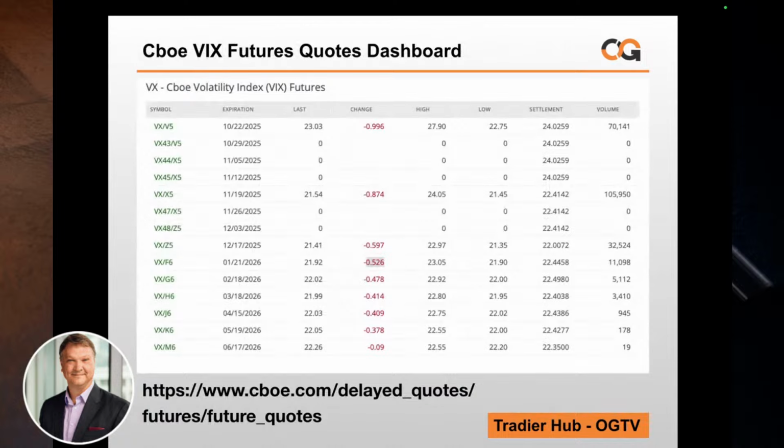It's not the ideal situation in that they're delayed futures quotes, but if you go to this URL down here, or you just do a search for delayed VIX futures CBOE, you can find it pretty easy by doing that. But this is what comes up. You'll see these different expirations. Now, these are weeklies.